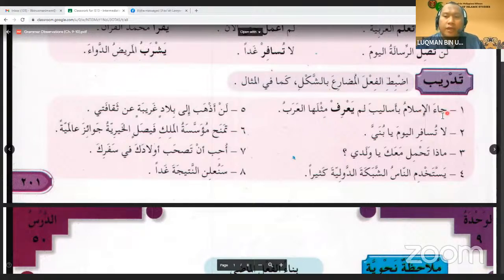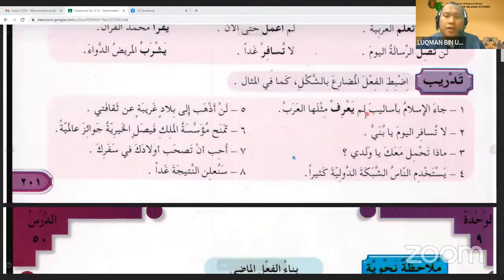Islam came with methods, with ways that the Arabs knew nothing like, nothing similar to it. Lam ya'rif misla. Because of lam, the verb ya'rif ends with a sukun. I hope that's clear.